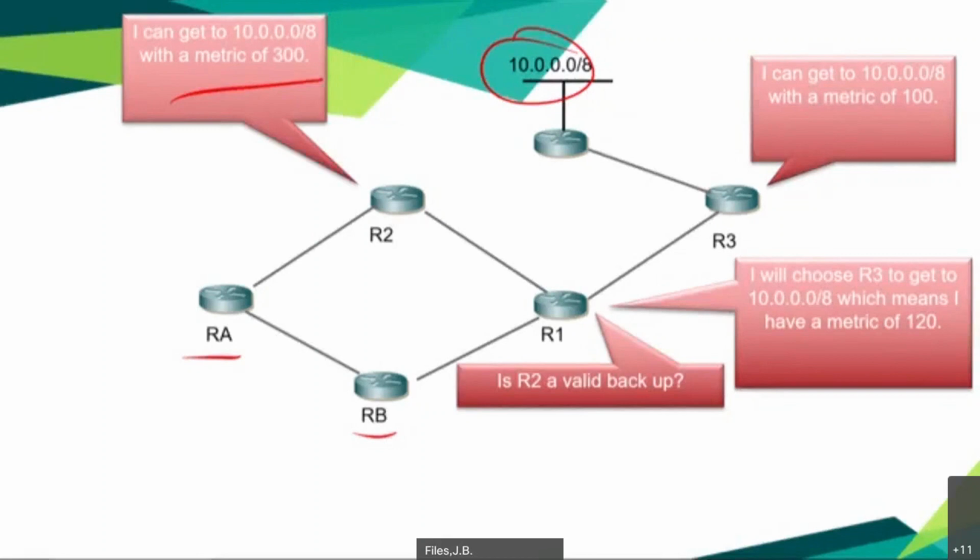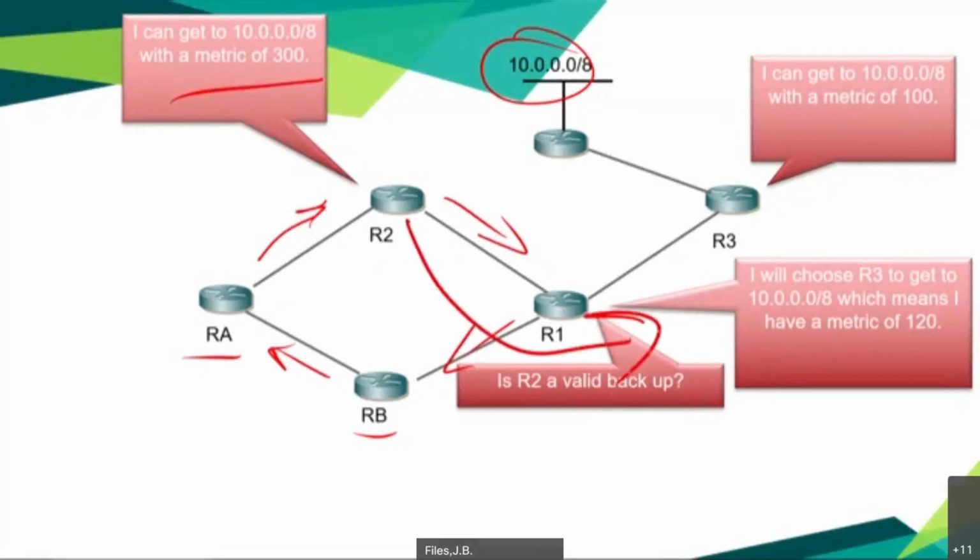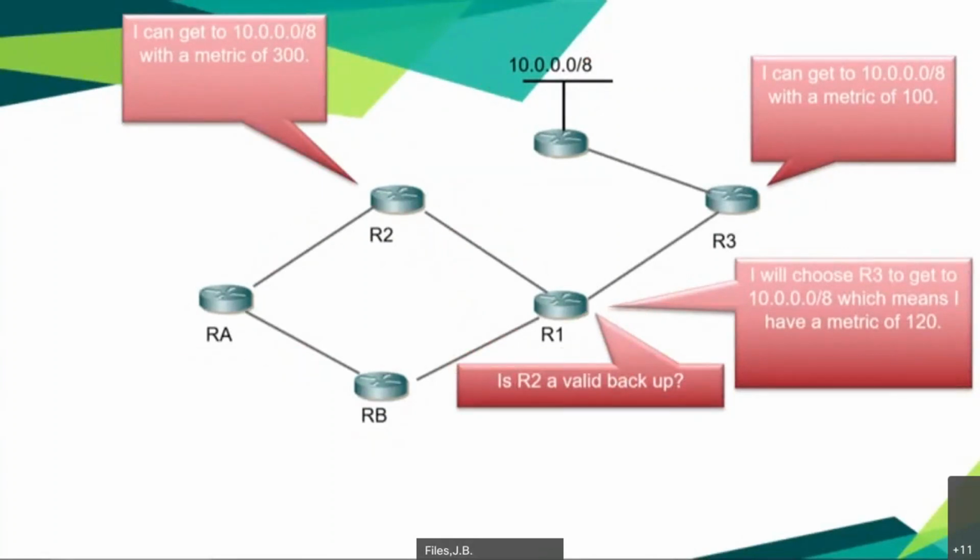No. Okay. Exactly. Why can't it? Because R2 has to go through R1. Okay, so this is an important concept. It is a loop, right?